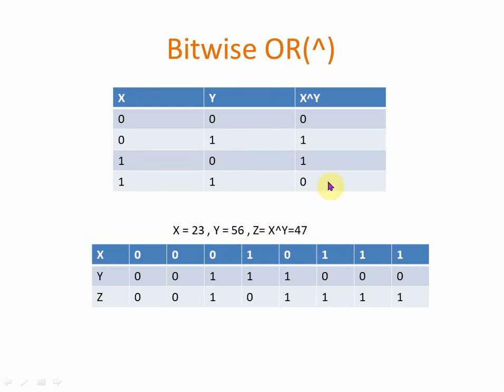So 1 and 0 is 1, so I'll write here 1. 1 and 0, again 1. Similarly, for 0 and 1 it is 1. For 1 and 1 it is 0. For 0 and 1 again 1. So finally I got the binary, and now I'll convert this into decimal.